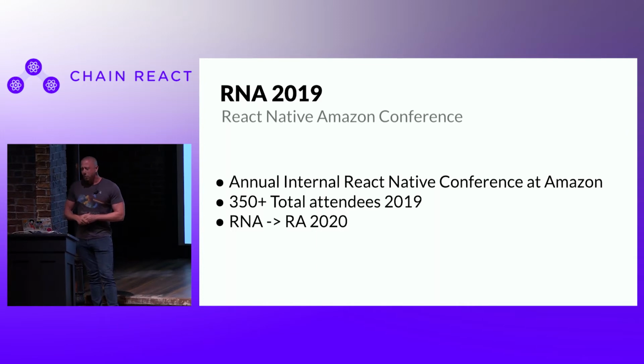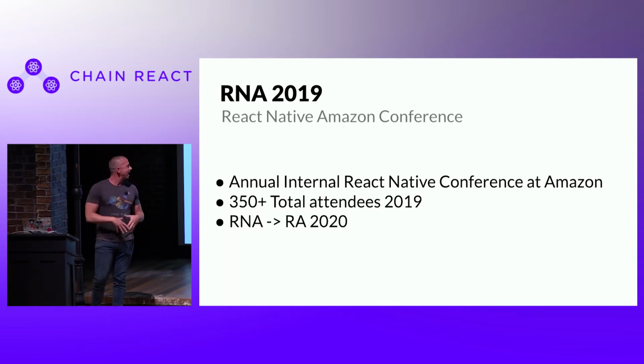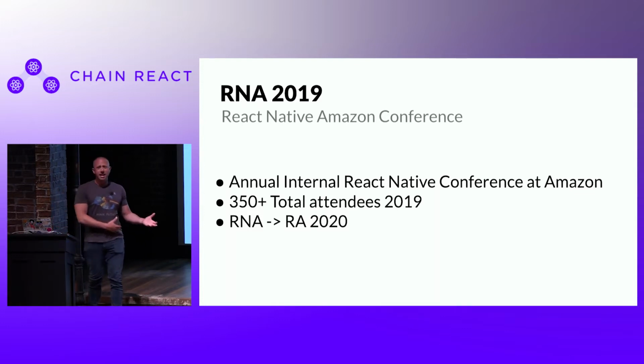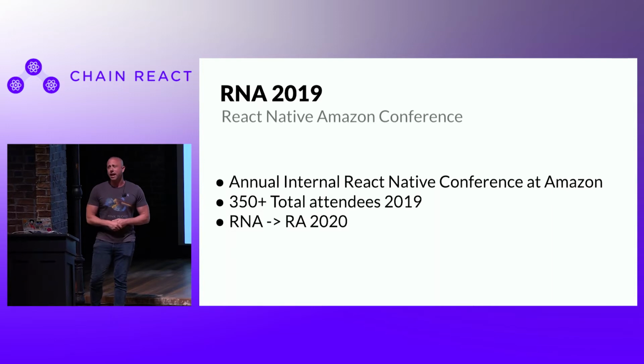So last year we had a total of around 350 attendees, and the events within Amazon that we hold are a little different than an event like this. When you come to a conference like this, you probably stay the entire 2 days, going to all the different dinners, and people are getting coffee together and hanging out.